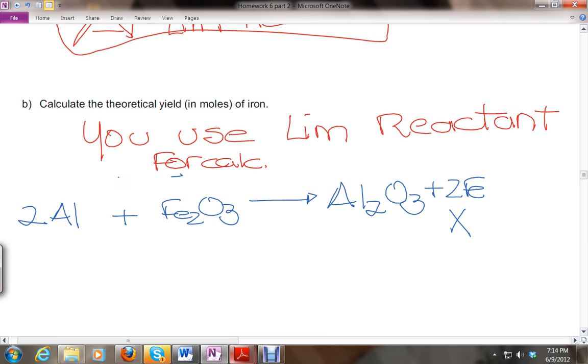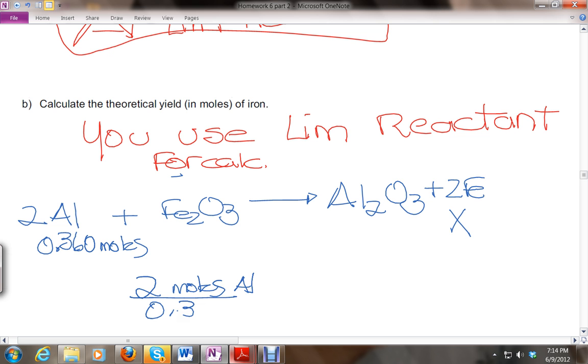So you're going to get 0.360 moles. Now again, 2 moles of iron over 2 moles of aluminum, times 0.360 moles of aluminum, and they cancel out, equals X moles of iron.